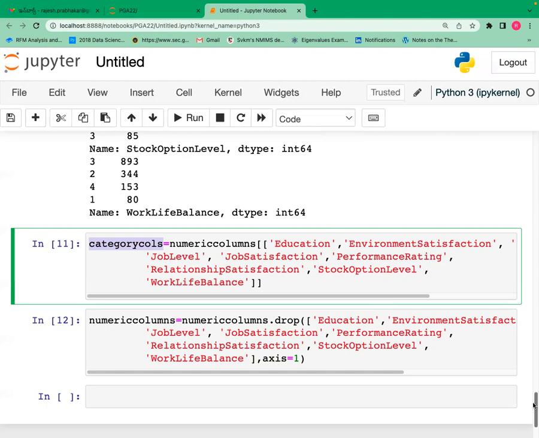Now do the describe of numeric columns, identify the single value columns.